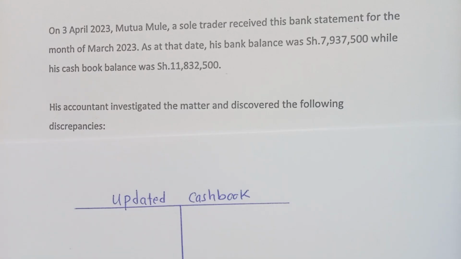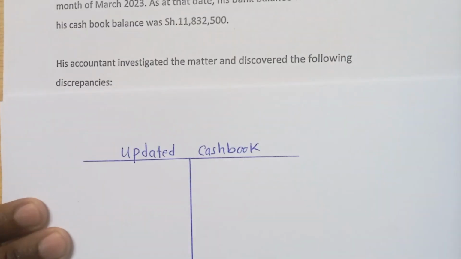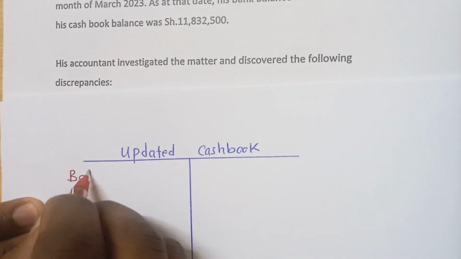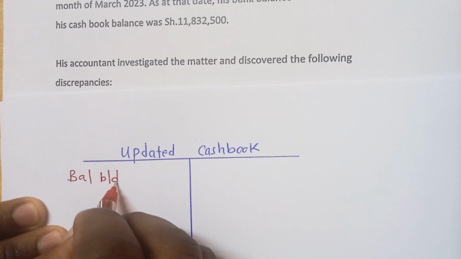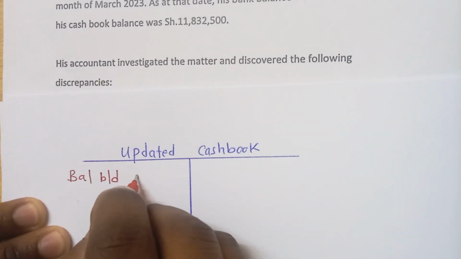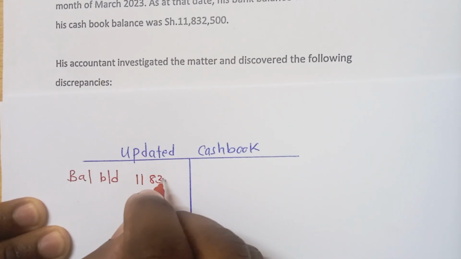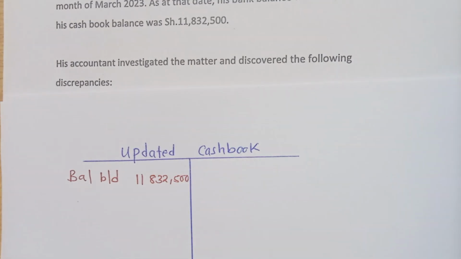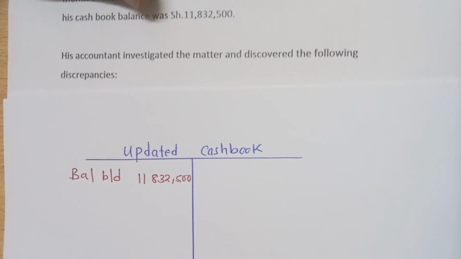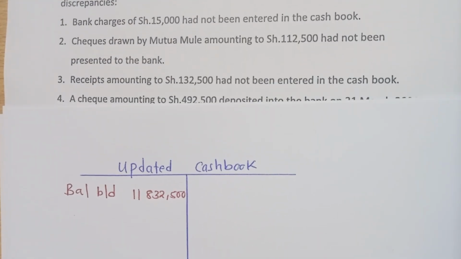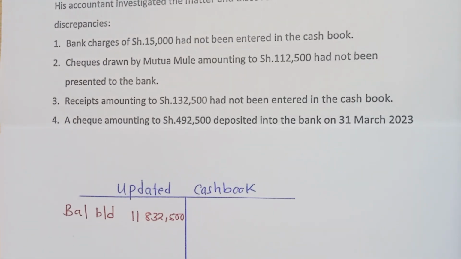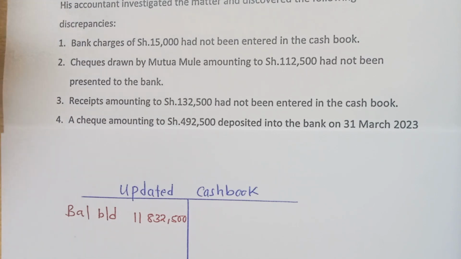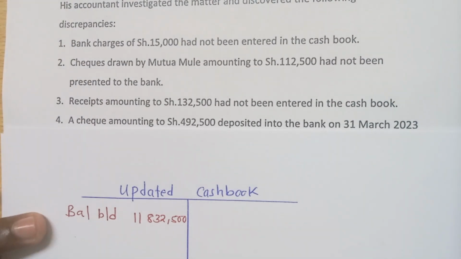So we are going to record it as a balance brought down, and it is going to be 11,832,500 shillings. Now we go to these items that bring the differences between the bank balance and the cash book balance, and then from there we start updating one by one.